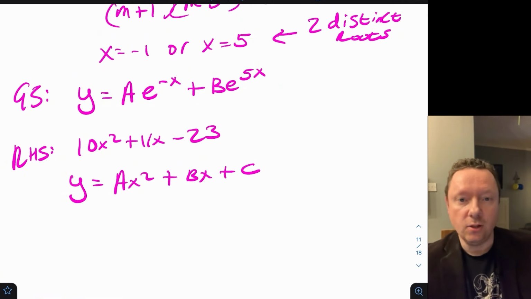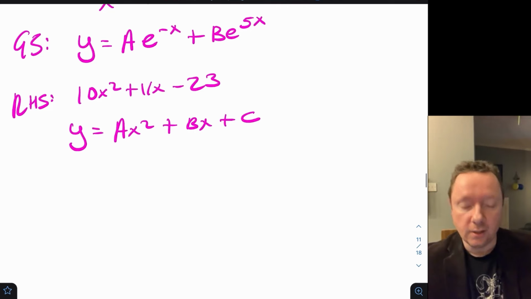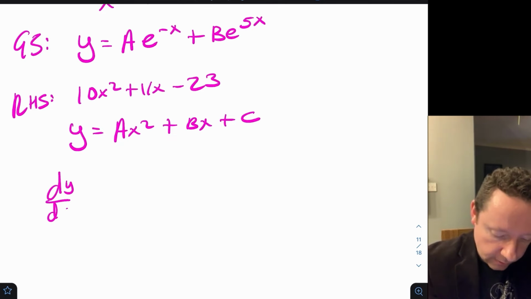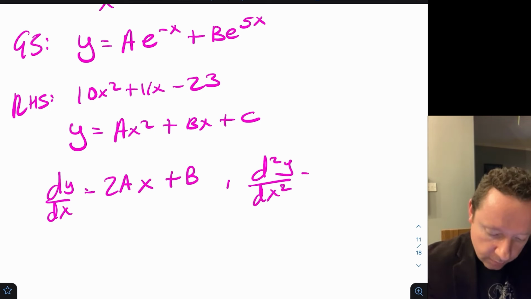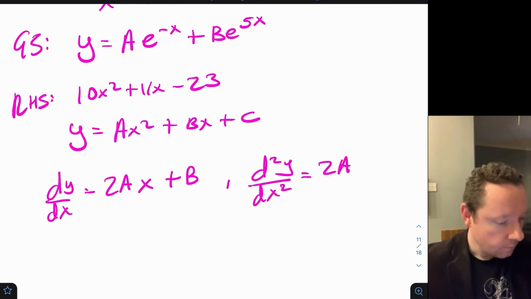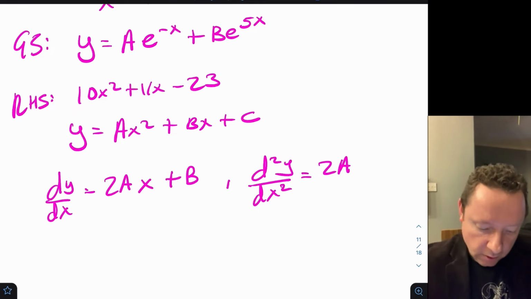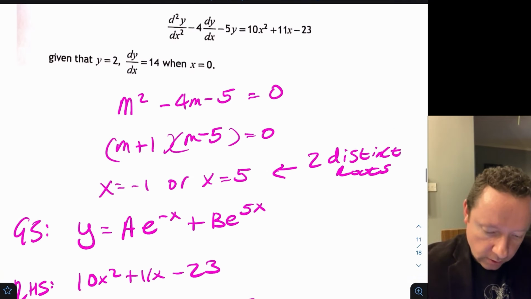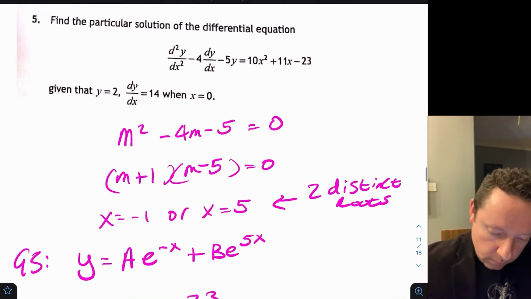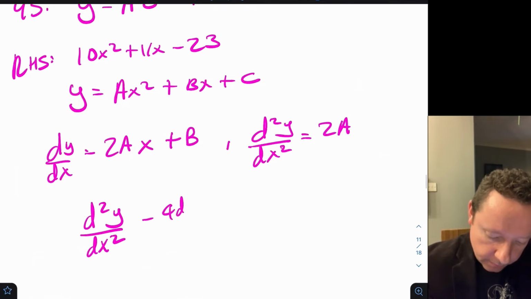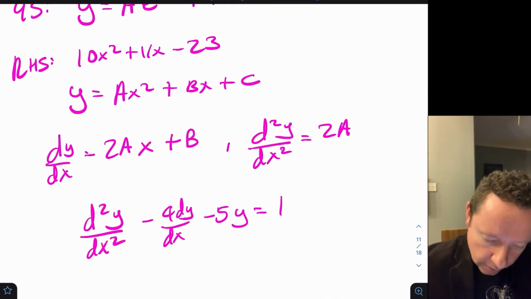So now we can differentiate that twice to find dy by dx and d2y by dx squared. The dy by dx is just going to be 2ax plus b, and d2y by dx squared is simply going to be 2a. So now we can sub that back into the original equation. So the original equation was d2y by dx squared minus 4 dy by dx minus 5y equals 10x squared plus 11x minus 23.